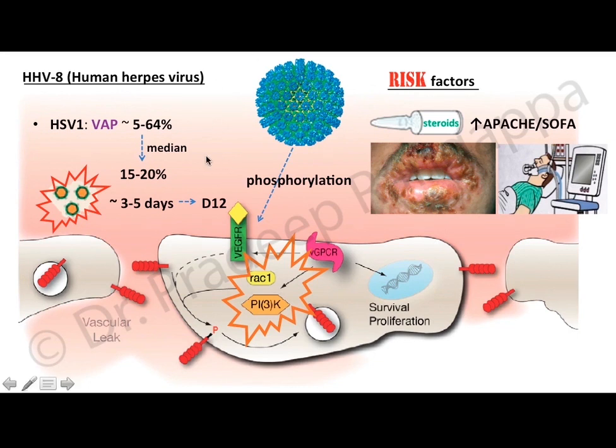And as you see, the occurrence rate is not very small, so it seems to be common. So we need to have a high index of suspicion in trying to determine if our patients have herpes simplex virus 1 pneumonia. The risk factors are steroids, and if you see any patient with herpes labialis developing worsening gas exchange, maybe you should consider that he may be developing herpes simplex virus pneumonia.